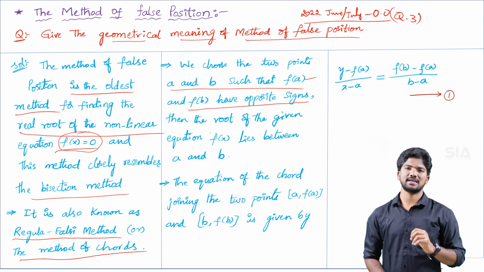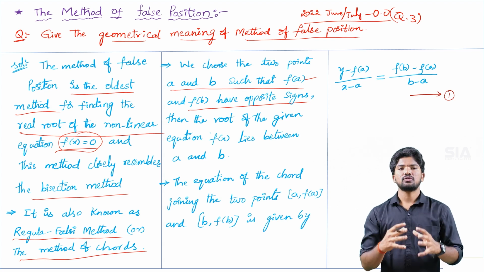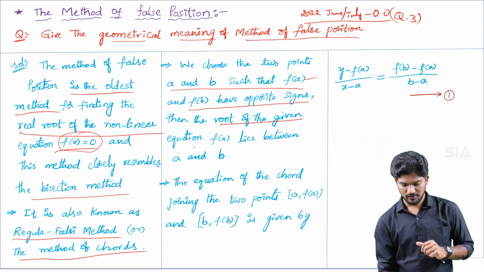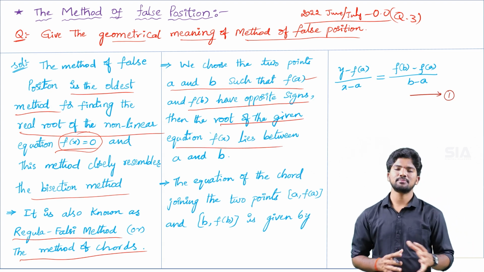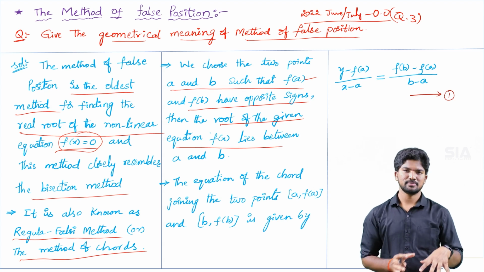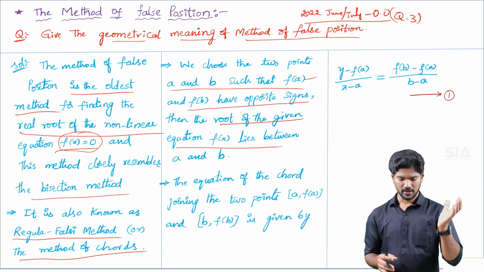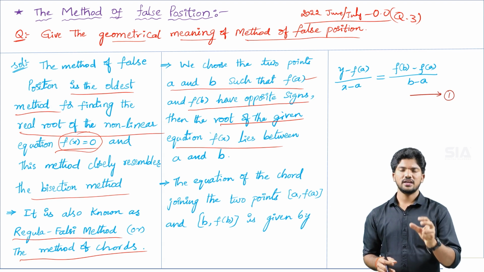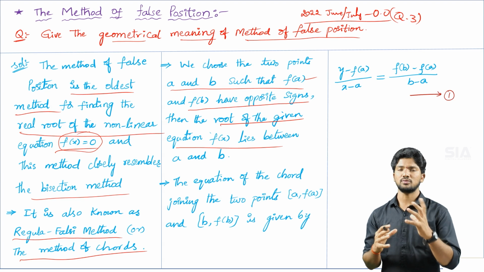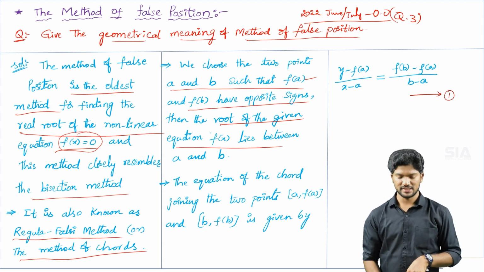If you substitute A and B in the given equation and they get opposite signs, then the root of the given equation f of x lies in between A and B. That is why I mentioned that this method in some cases resembles the bisection method. Same in the bisection method: if the equation has opposite signs at these two points, then the required root of the given equation lies in between them.